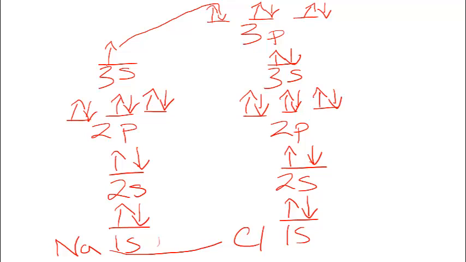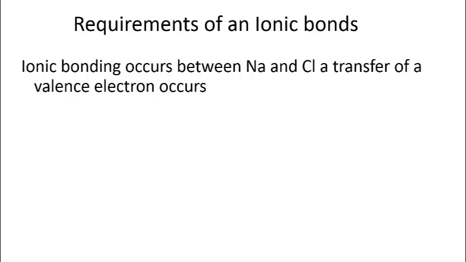So sodium is transferring this 3s electron to chlorine's outer 3p orbital. So when ionic bonding occurs between sodium and chlorine, a transfer of a valence electron occurs between the two atoms.